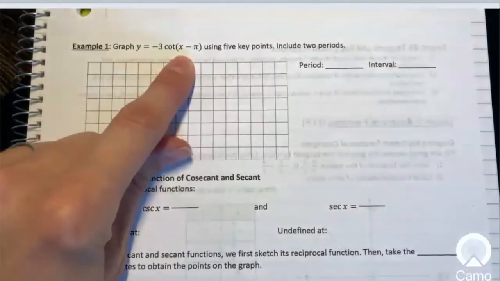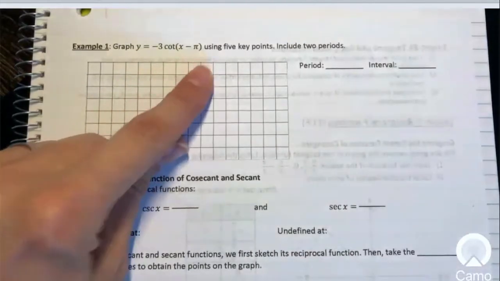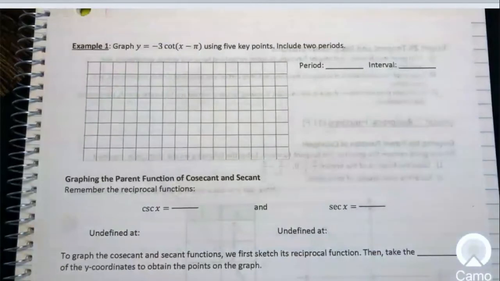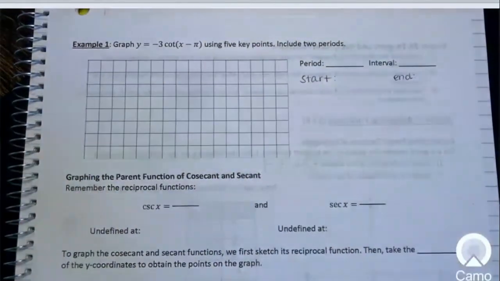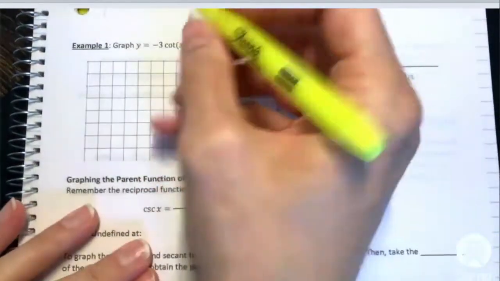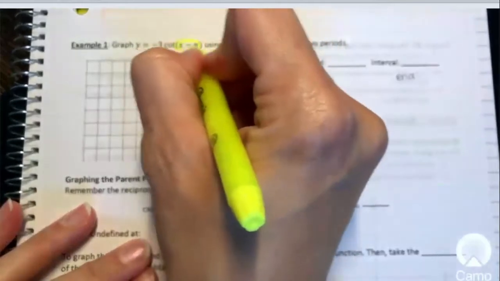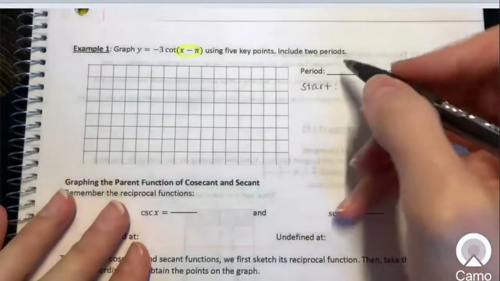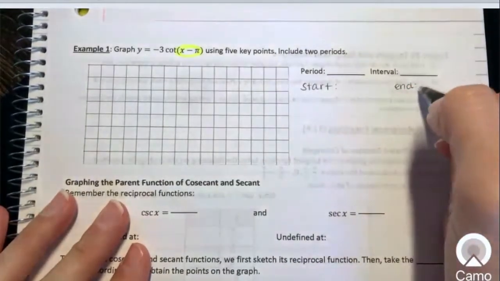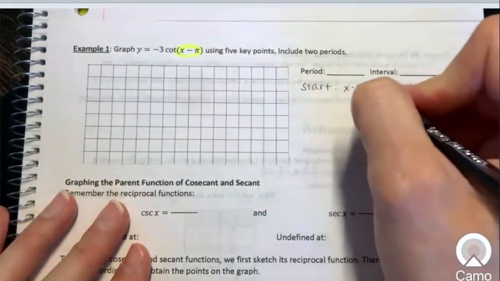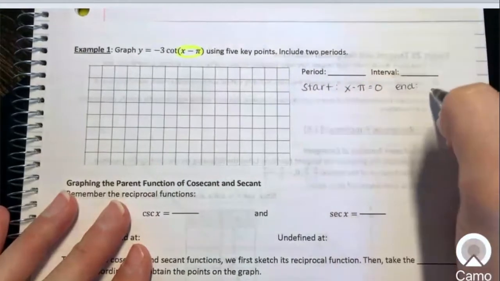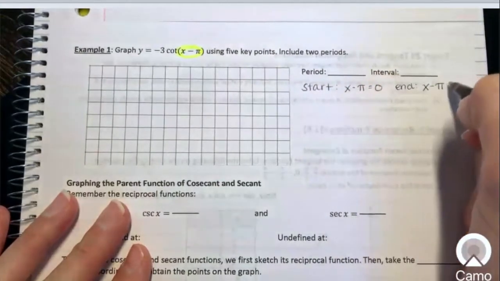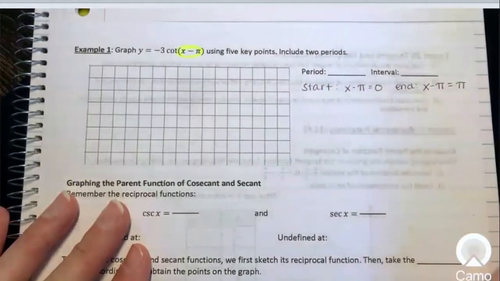Again, there are some small differences, but it's very similar to graphing a tangent function. So we are graphing -3 cotangent of x minus pi using our 5 key points, and we want to include 2 periods. We take whatever is inside the function and set it equal to where the parent function starts and where the parent function ends. Our cotangent parent function starts at 0 and ends at pi.